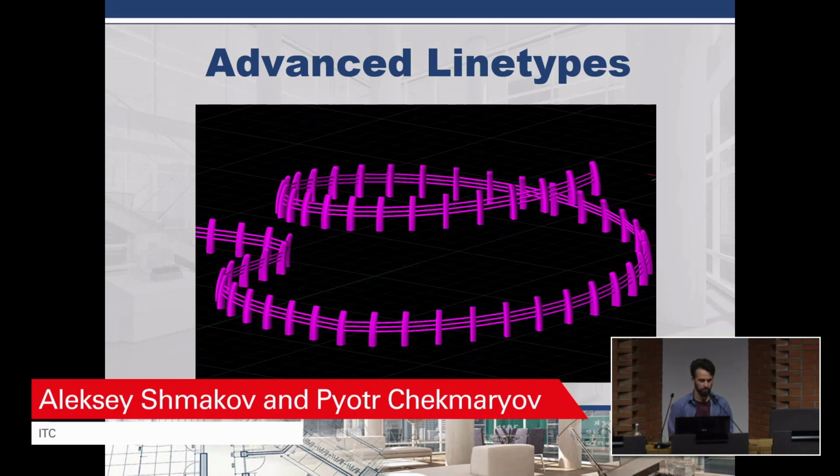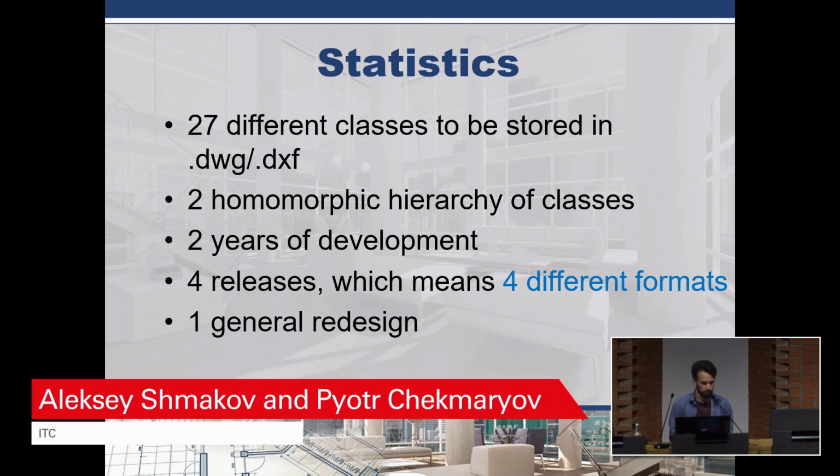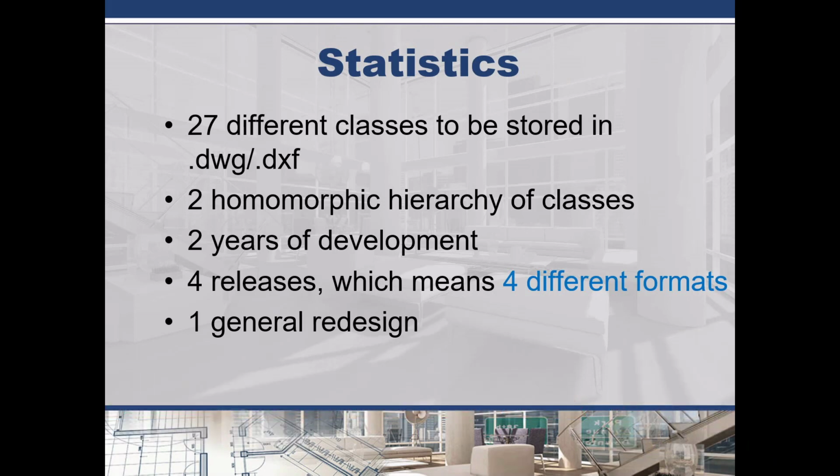Alexei Shmakov has already mentioned this, so I will not speak about its purpose and organization. I will rather provide production statistics. There are 27 different classes to be stored in dwg/DXF.